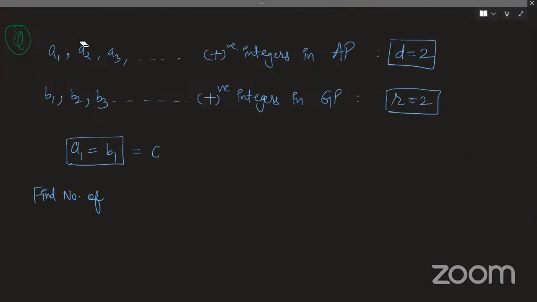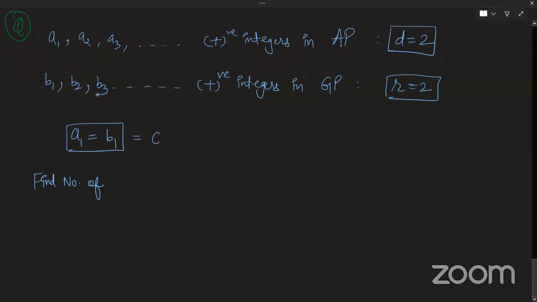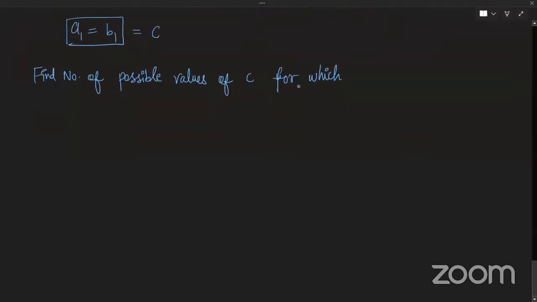Till now I have not even completed my question. So you have given your answer before I have completed my question. It is asking: find the number of possible values of C such that 2 times A1 plus A2 so on till An is equal to B1 plus B2 so on till Bn.